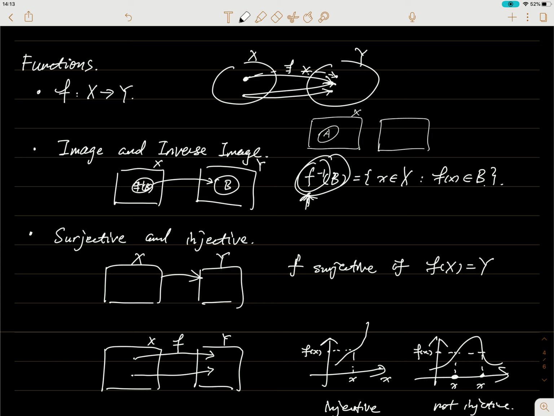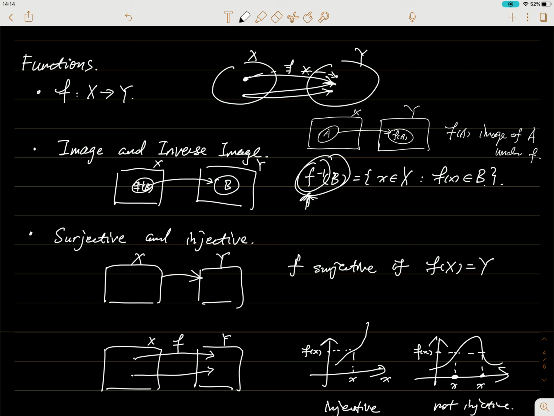I have this X and I have this Y, and the image of A under f is just the collection of points in Y which correspond to some point in A. So this is f of A, and this f of A is called the image of A. You can specify that it's under the mapping f. Okay, so that's the image.